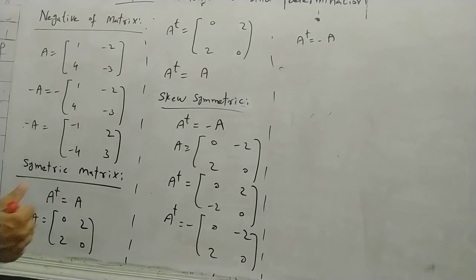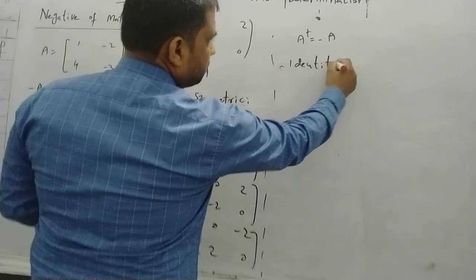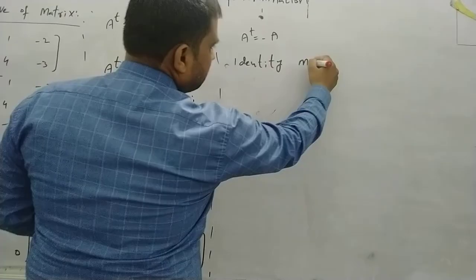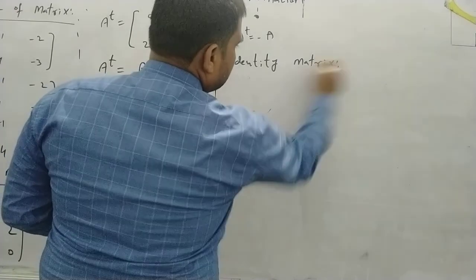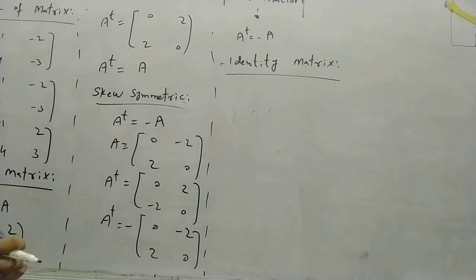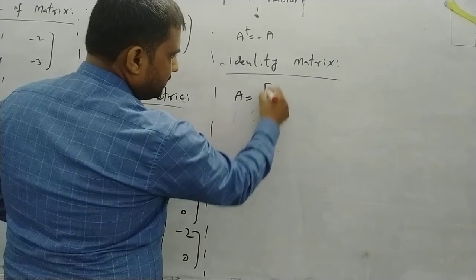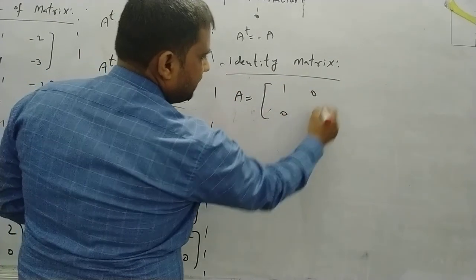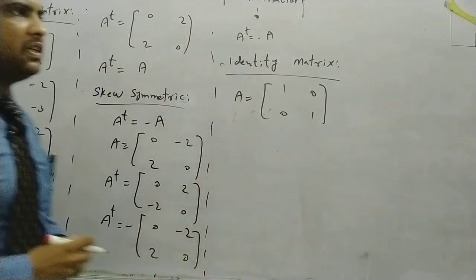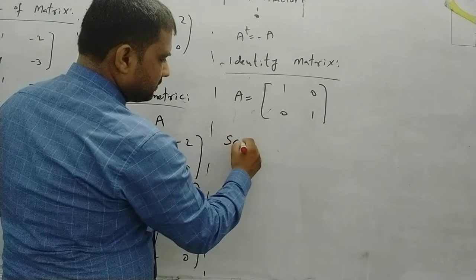Now there is the identity matrix. Identity matrix is 1 0 0 1. So this is the identity matrix. Now scalar matrix.